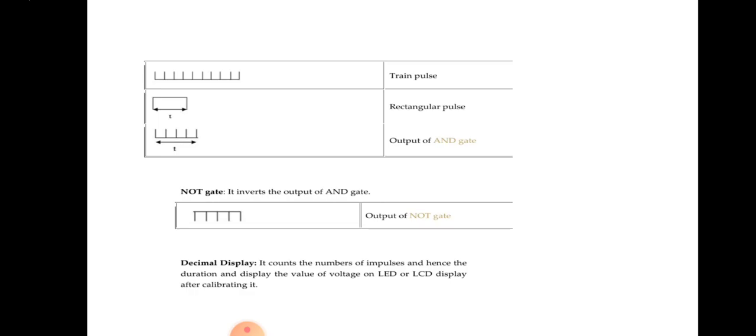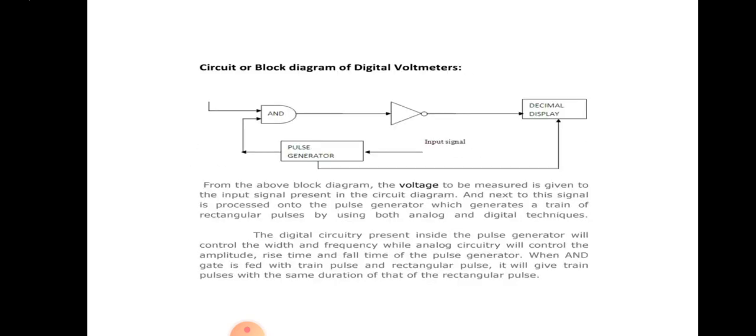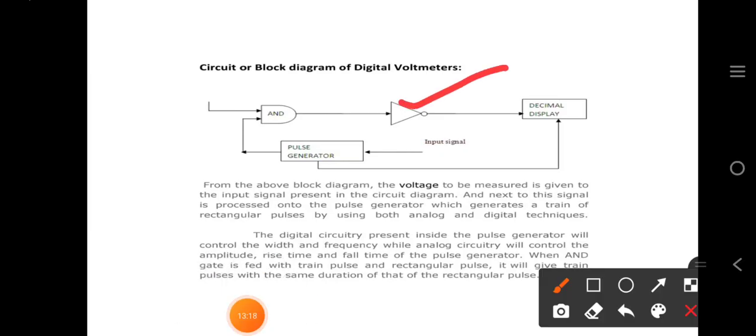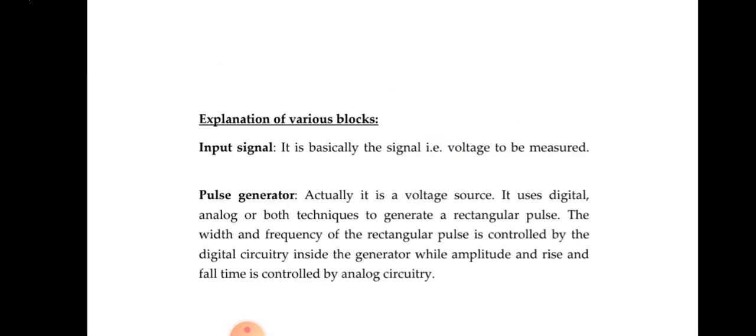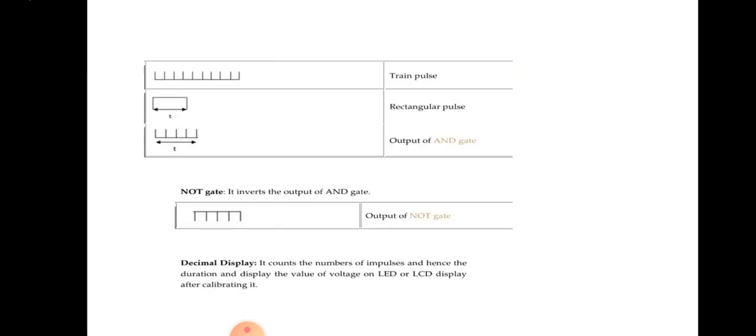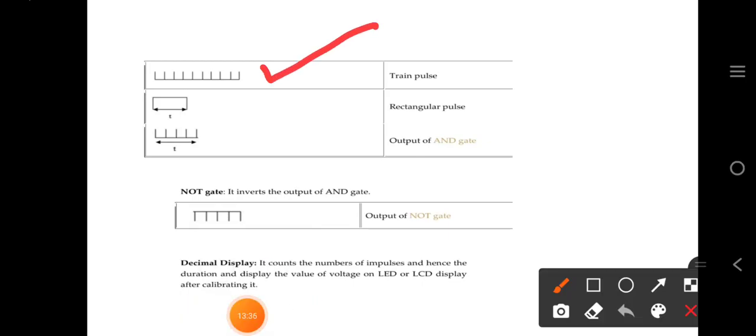Then after the AND gate there is a NOT gate. So in this figure you can see it is a NOT gate. The AND gate will give the output to the NOT gate and the inverted output will be given to the display. Okay, so what does it do? It inverts the output of the AND gate. In the above figure you can see this is a train pulse.